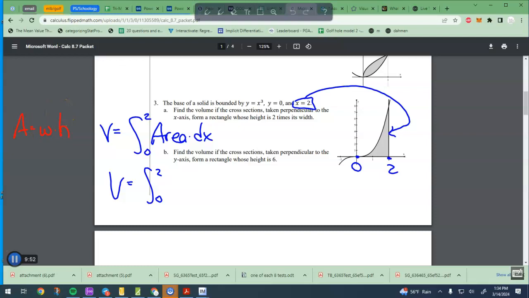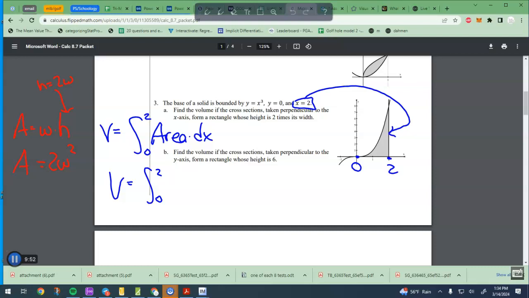They're saying the height is 2 times the width. So couldn't I do this? If the height is 2 times the width, isn't that just 2w squared? Because if the height is double the width, then you put 2w there. W times 2w will give you 2w squared.